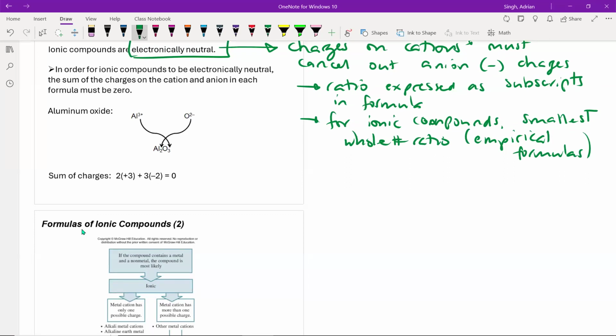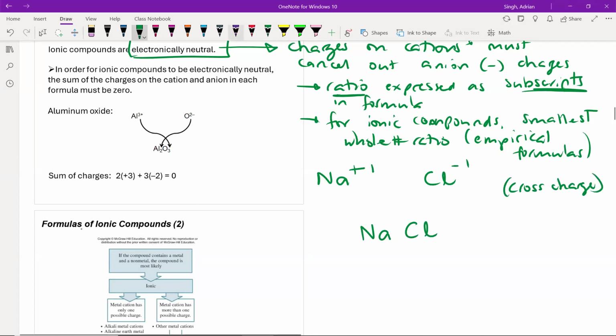For instance, if I have the sodium ion, which we know is +1, and the chloride, which we know is -1, when you write the formula, the metal goes first, the non-metal goes second. The quick way to determine the ratios expressed as the subscripts is something known as the cross-charge method, where the charge on the anion becomes a subscript on the cation.